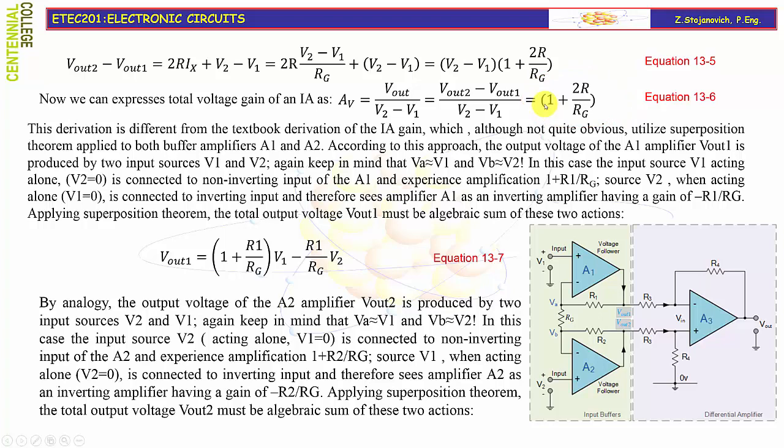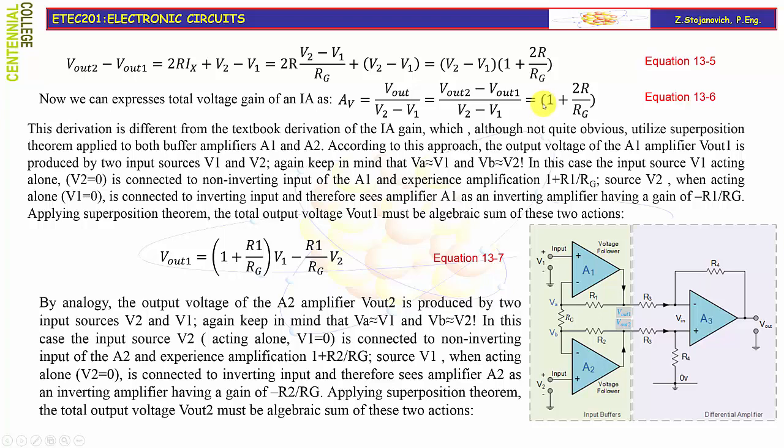This derivation is different from the textbook derivation of the instrumentation amplifier gain, which, although not quite obvious, utilizes the superposition theorem applied to both buffer amplifiers A1 and A2. According to this approach, the output voltage of the A1 amplifier Vout1 is produced by two input sources, V1 and V2. Again, keep in mind that Va is close to V1 and Vb is close to V2.